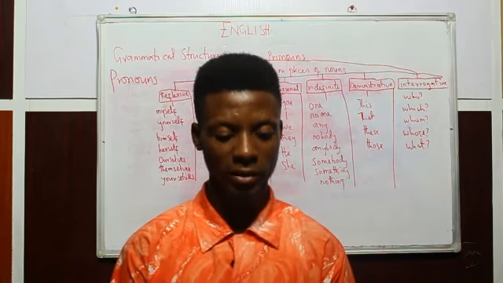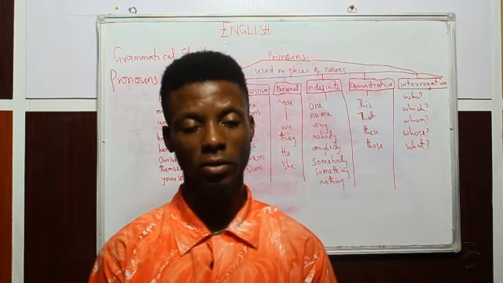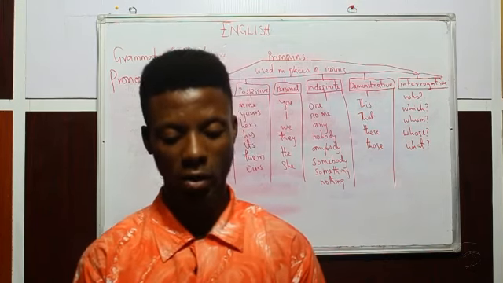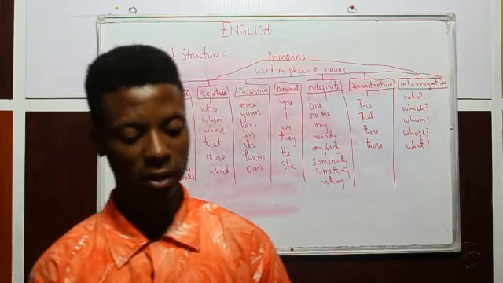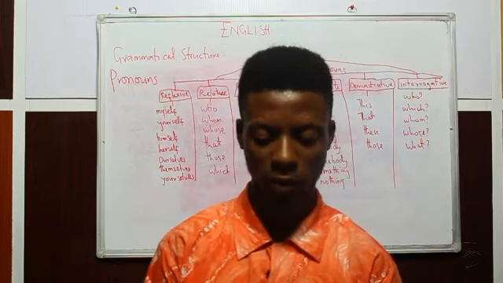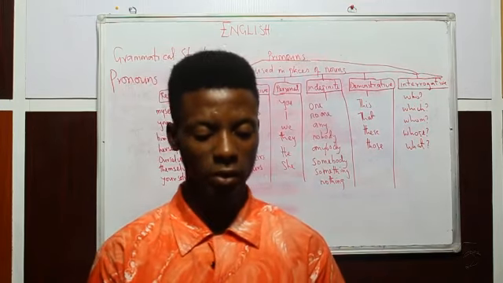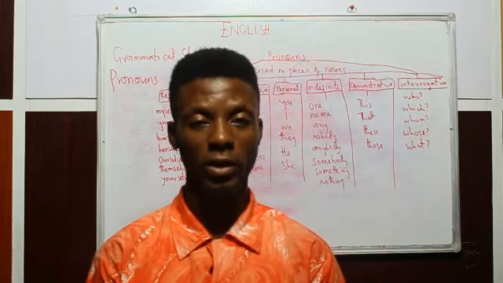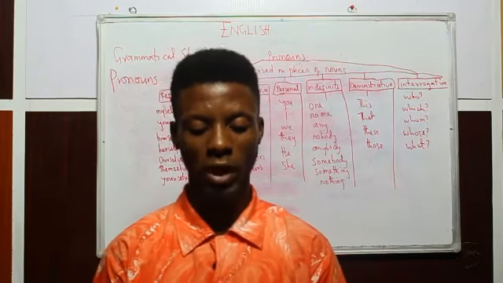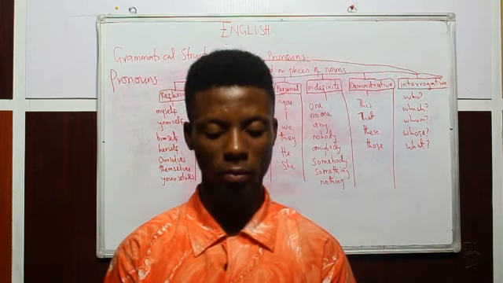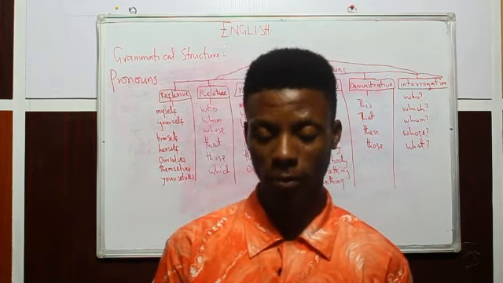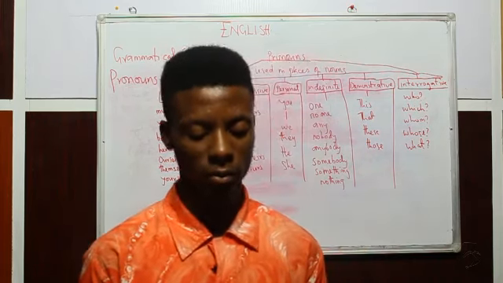Near reference means that the object referred to is near, while distant reference means that the object under reference is far or distant. The same applies to the demonstrative pronouns these and those, which are the plural forms of this and that.